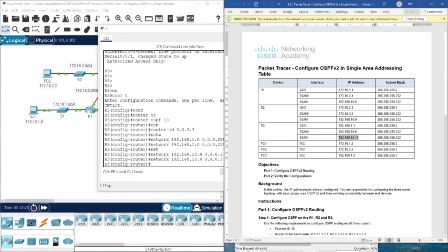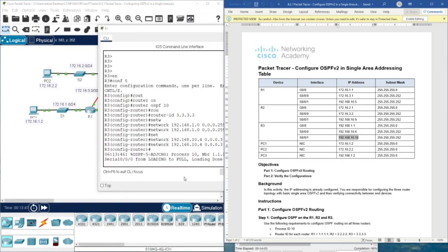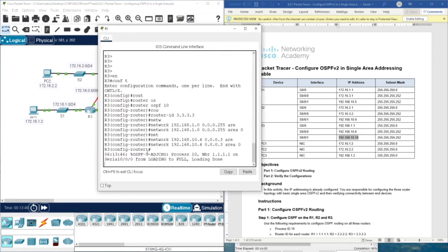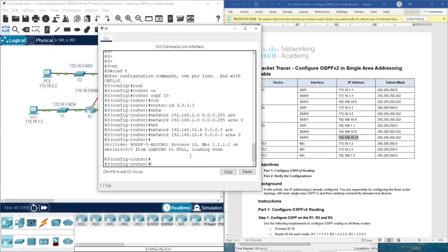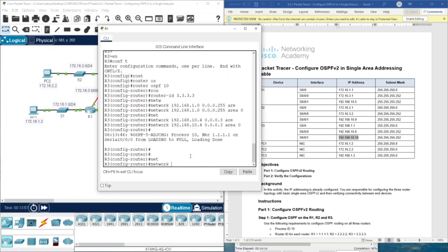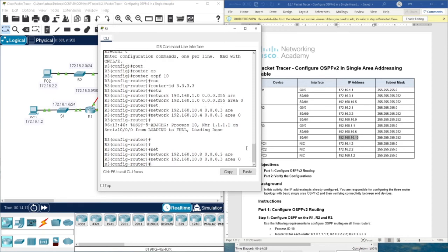And finally, we have also this here. As you can see, the neighbors are starting to advertise and talk to each other. However, here we have network, and then 8 as a network address, because here we have again 252, so 0.0.0.3 and area 0.